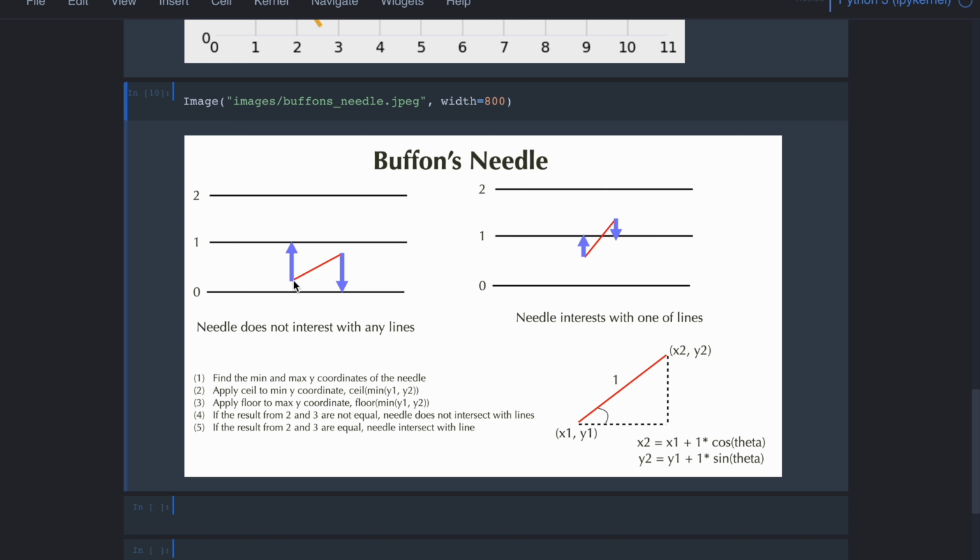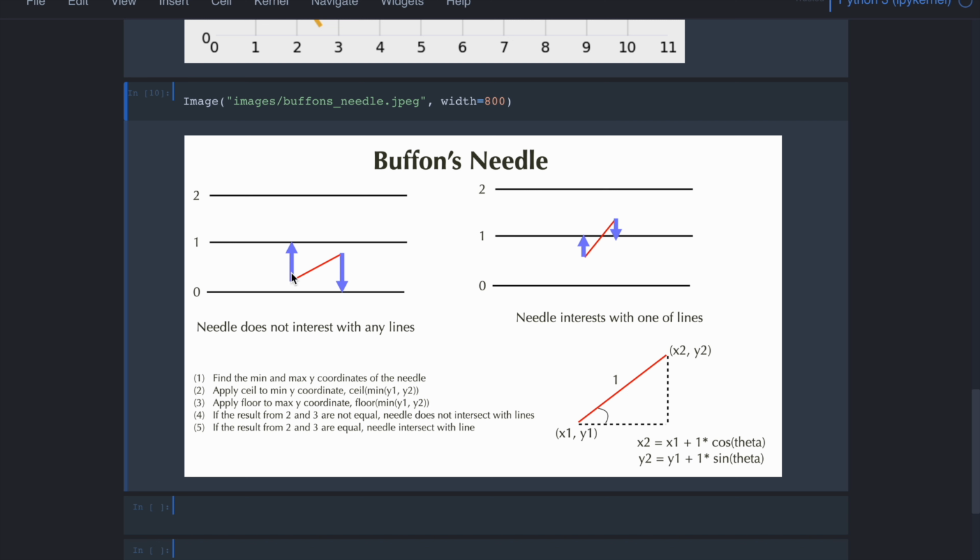So essentially we have converted this y1 to 1 in this case. Similarly, for the larger coordinate, y2, we apply the floor. The instructions are here, you can read through. So we have converted this y2 to 0.